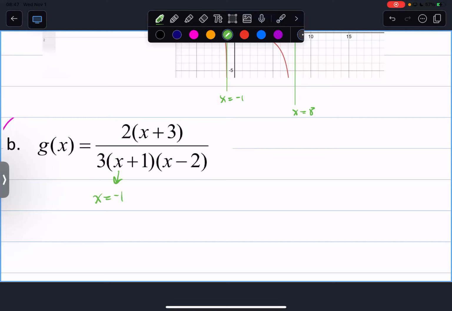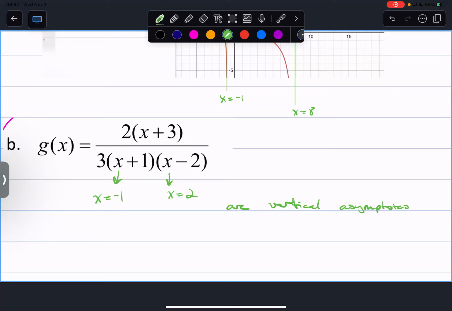Or I guess I could say X is not equal to -1, right? Whatever you prefer. And X equal to 2 are vertical asymptotes. That was easy.